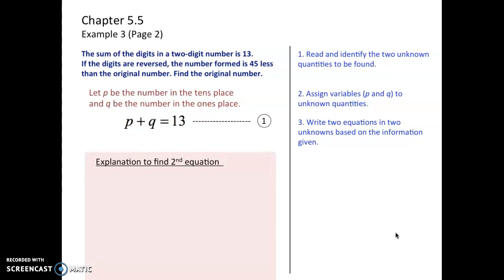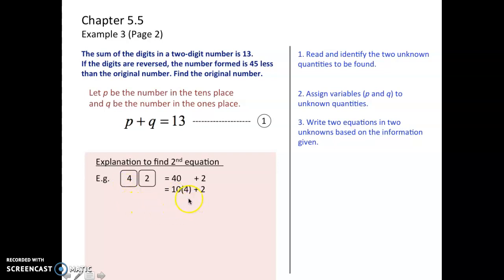Okay, now to find the second equation, I'm going to do an explanation by the side to help you understand better. So when we want to find the value of a two-digit number, I'm going to use a random number to show you this. Let's say I have the random two-digit number 42. 42 is made up of 40 plus 2. So 4 is the first digit. To find the value of this, we need to multiply 10 because the digit 4 is in the tens place.